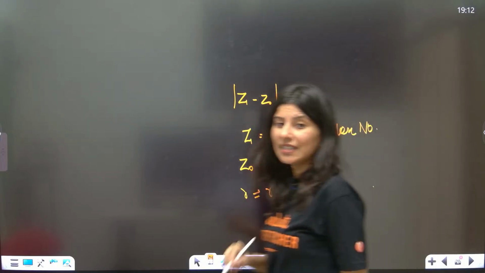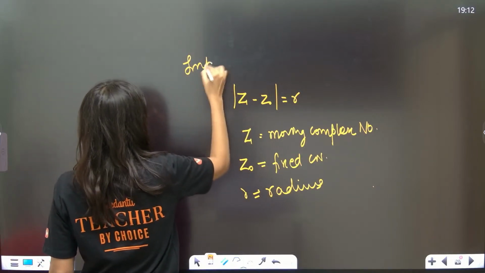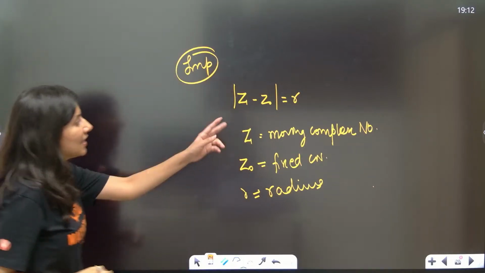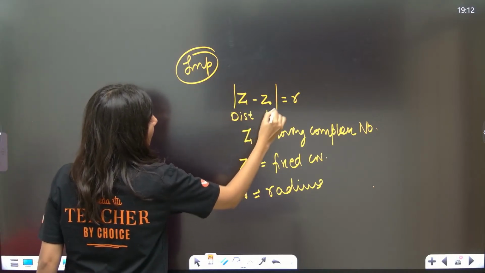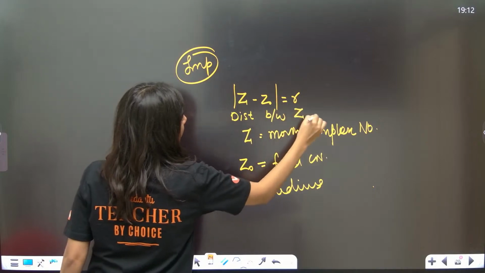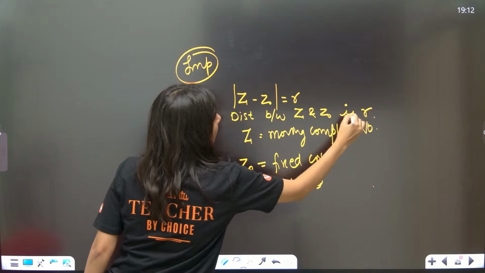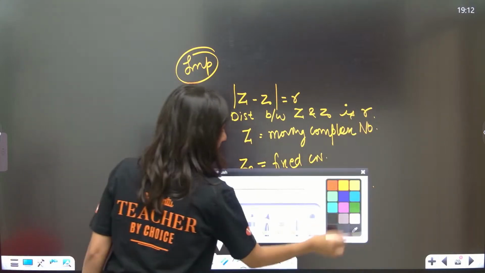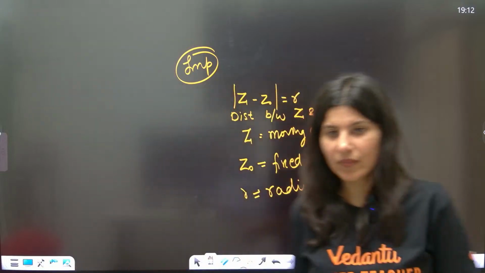The moment you see this expression, very important for the April attempt, the distance between z and z naught is r. Understanding it?